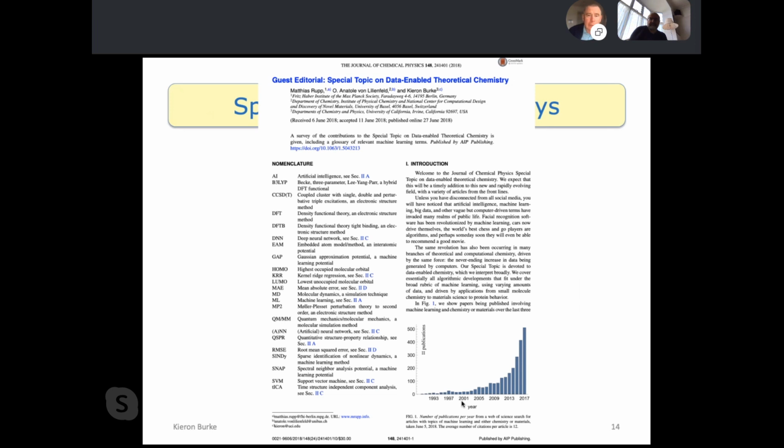And one of the reasons I like this is we got together, and you see there's nomenclature and there's an introduction. Half the introduction is Matthias, who's trained as a computer scientist, explaining machine learning things to the scientists. And the other half is mostly me and Anatole going through all the papers in the issue and trying to explain how the machine learning has been applied to a physical science paper.